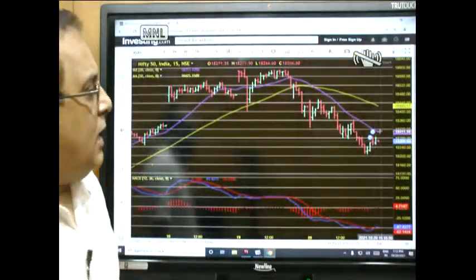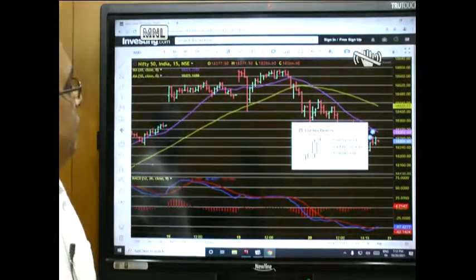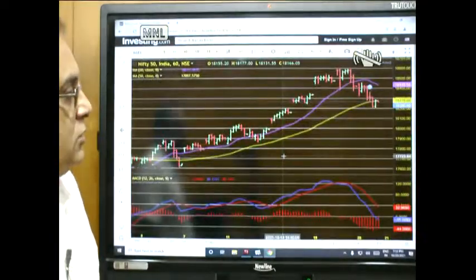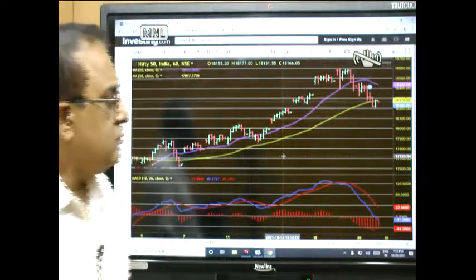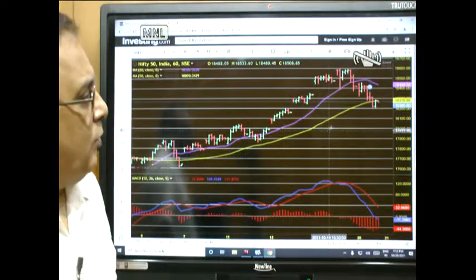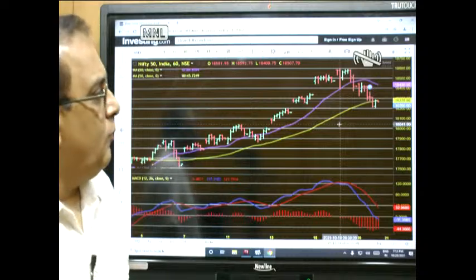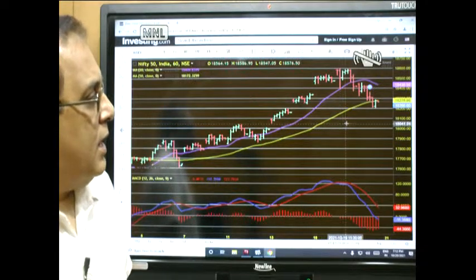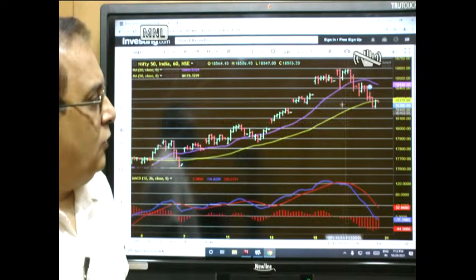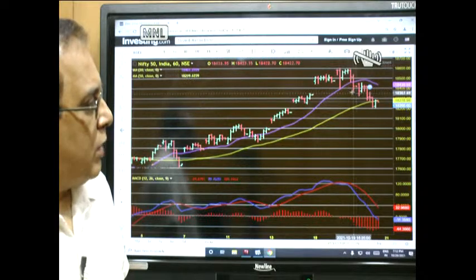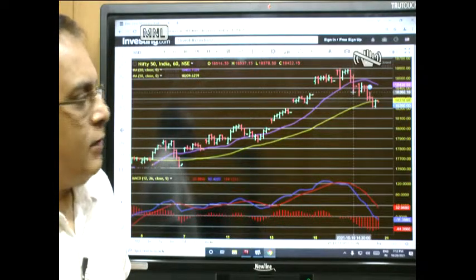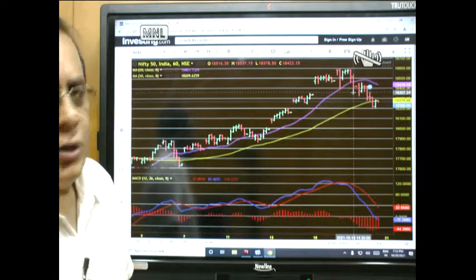Now you look at the hourly chart here itself. In the hourly chart, if you look, this was a bottom, on a spike low. This is one bottom, and this is a top. And once this bottom is broken, here it was broken, we have a lower bottom, but we don't have a lower top.